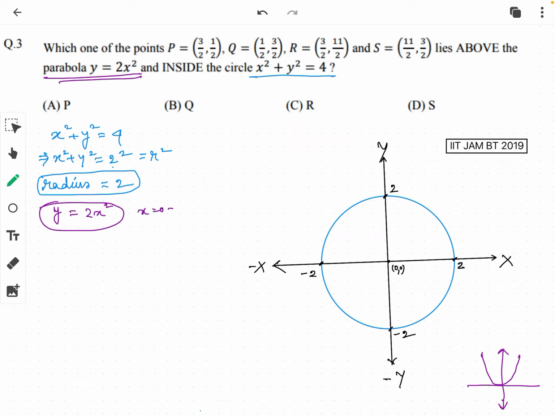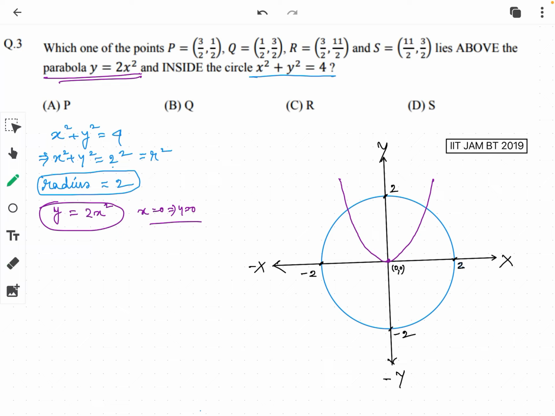So from here we get that the parabola touches the origin. And similarly the pattern of the parabola is like this, suppose.